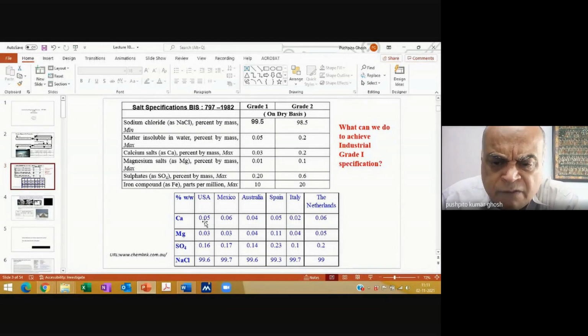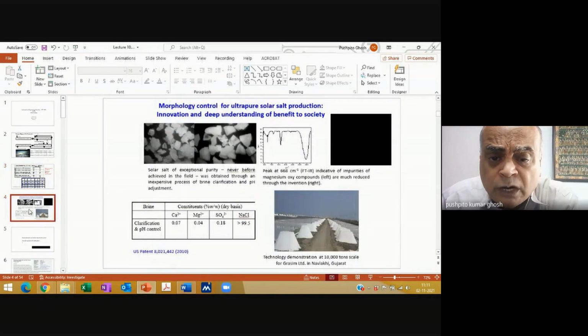And so we found a situation more like this Spain case, that it was 0.05, 0.11, which these companies told us was great stuff. Never ever have we got such low levels of impurities. But if you can reverse the calcium magnesium impurity ratio, that would be even better. It is not that there are no grain boundaries and impurities.